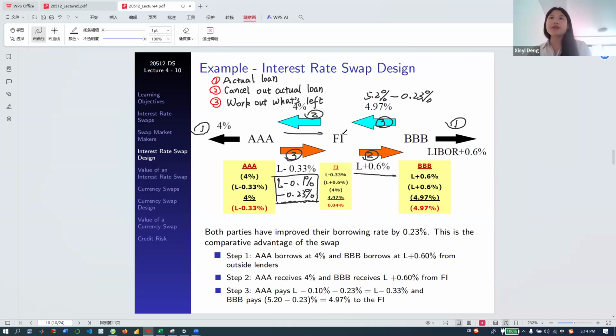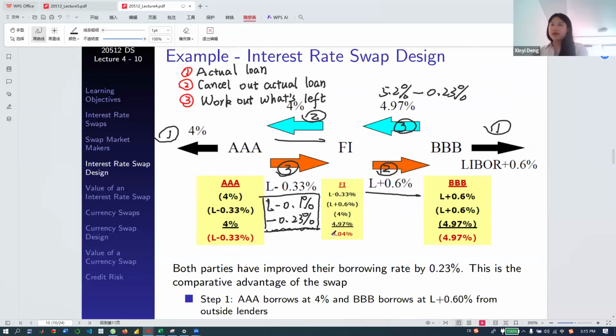Then for the financial institution, it's receiving 4.97%, right? So here I'm just trying to calculate the commission for the financial institution. So the commission would be 4.97%.